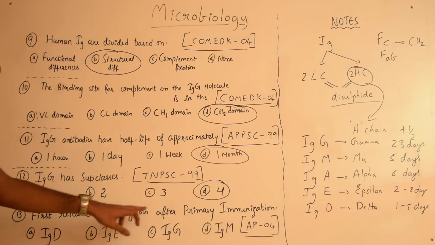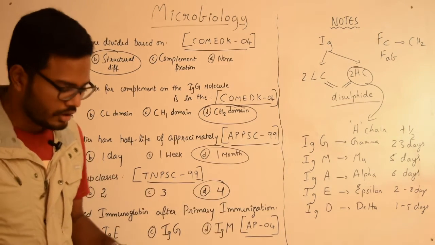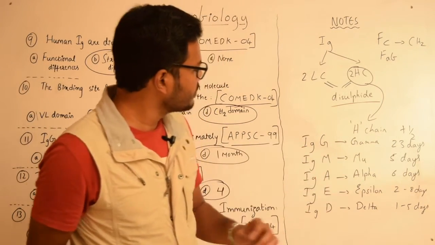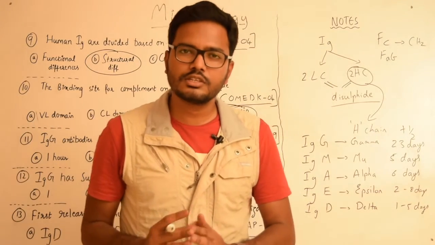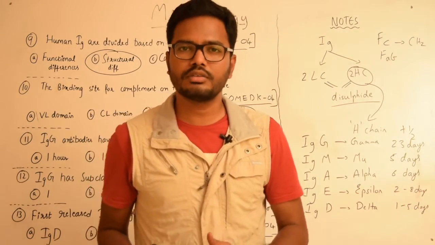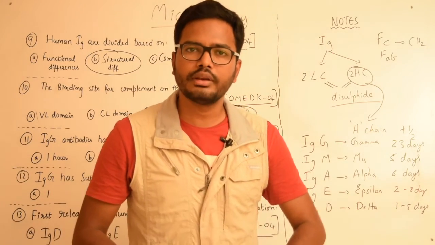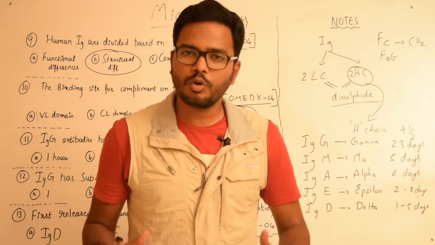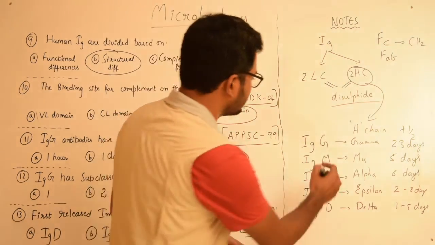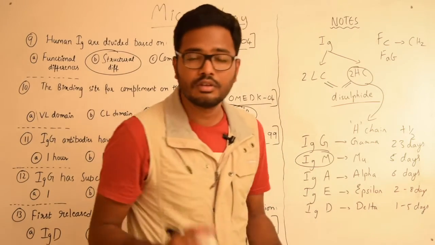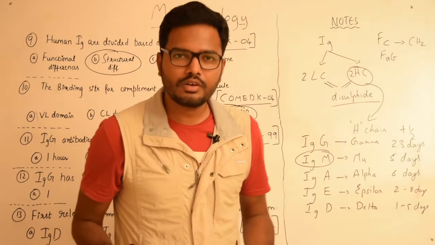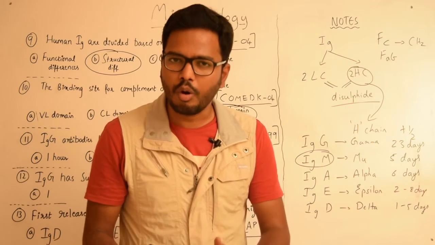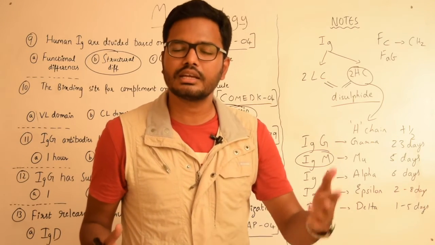First released immunoglobulin after primary immunization. Of all the classes of antibodies, IgM is considered to be the oldest immunoglobulin because it is the first formed immunoglobulin in the fetus in response to any infection, right? Moreover, the half-life of IgM is very short, approximately 5 days. In diagnosis, if we come across IgM in the serum of a fetus or newborn, it indicates that there is a recent infection.